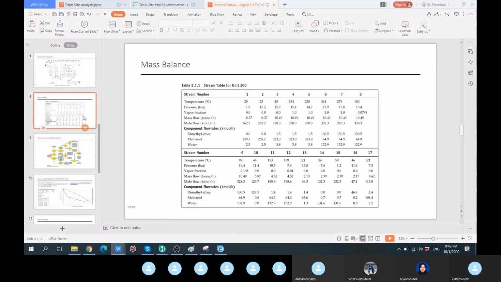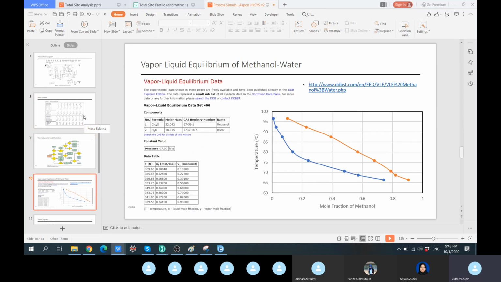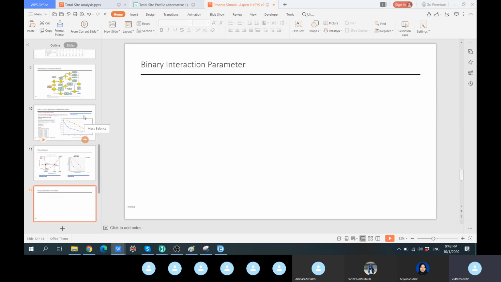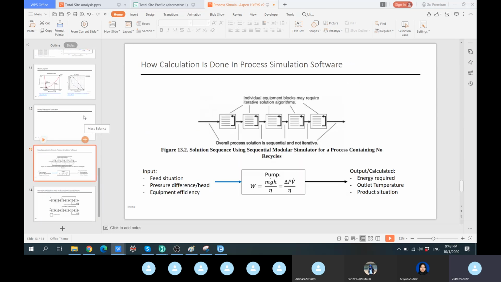Energy. Yeah, exactly. The pump has to be connected to an energy source, like electricity, for example. So if you know the duty, then you can calculate how big the cable is, which the electrical people will do, and then they will connect it to the power grid, and then you can run the pump.